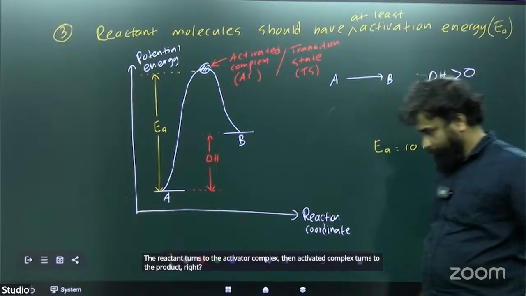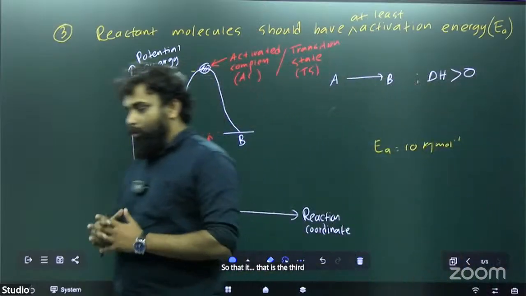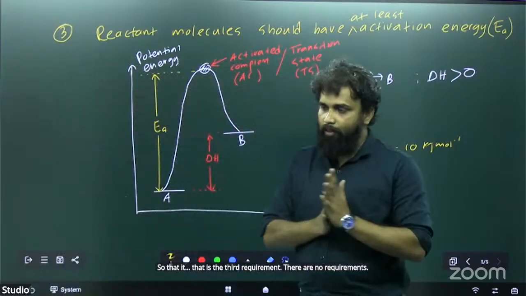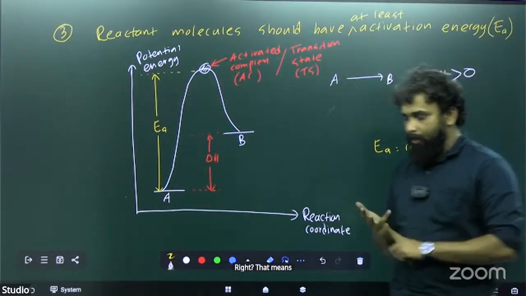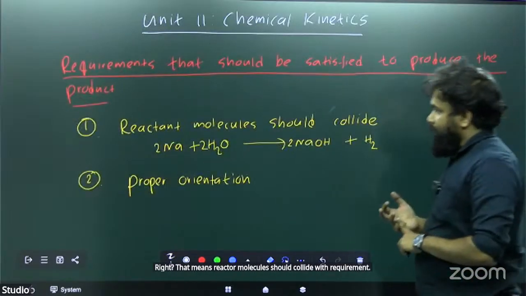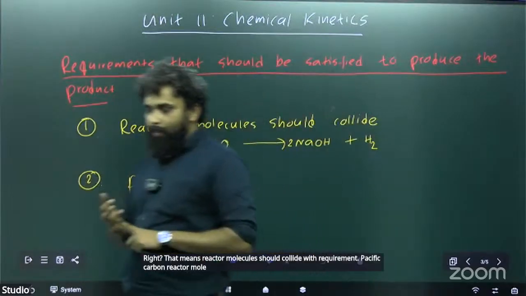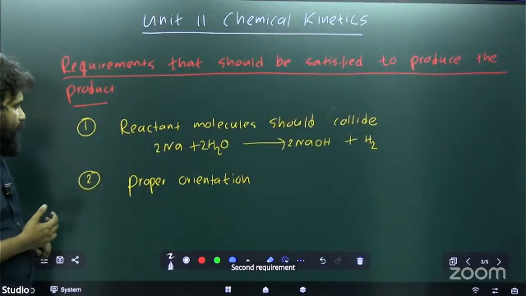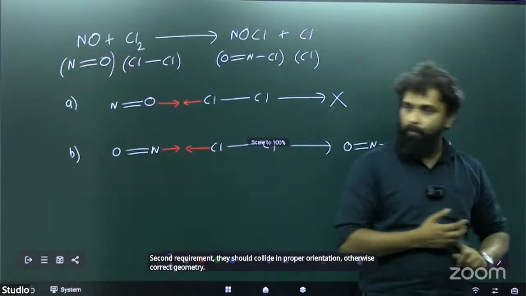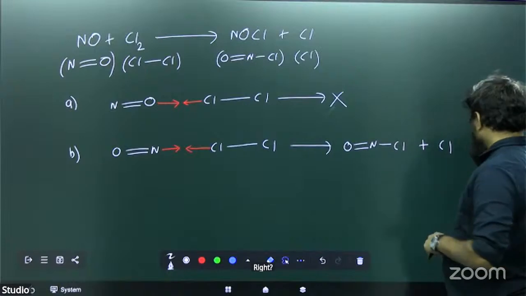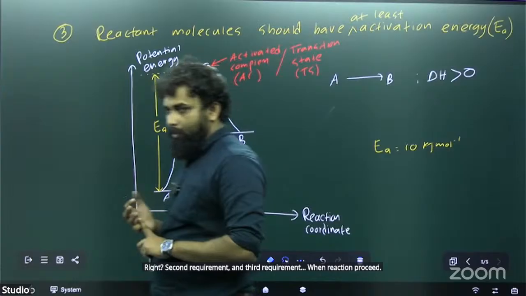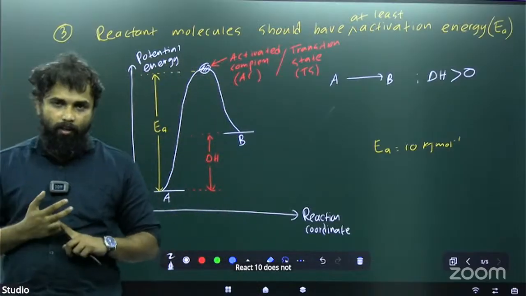So that is the third requirement. Only those that satisfy all three requirements will convert to the product, right? That means reactant molecules should collide. First requirement: reactant molecules should collide. Second requirement: they should collide in proper orientation, otherwise correct geometry, right? And third requirement: when the reaction proceeds, the reactant does not convert to the product directly.